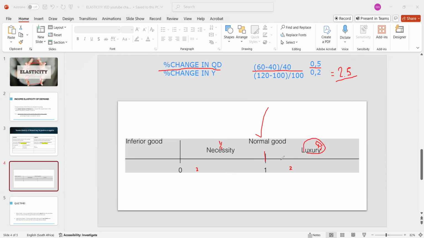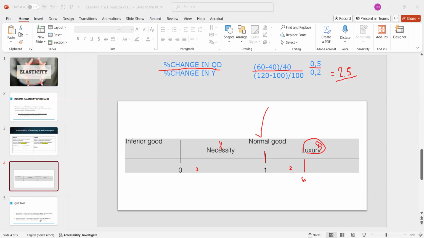And we know that here we have elastic, and for elastic goods the price elasticity of demand is greater than 1. So this good has an elastic demand. So you can conclude that 2.5, this good is a normal good, a luxury normal good. It has an elastic demand.